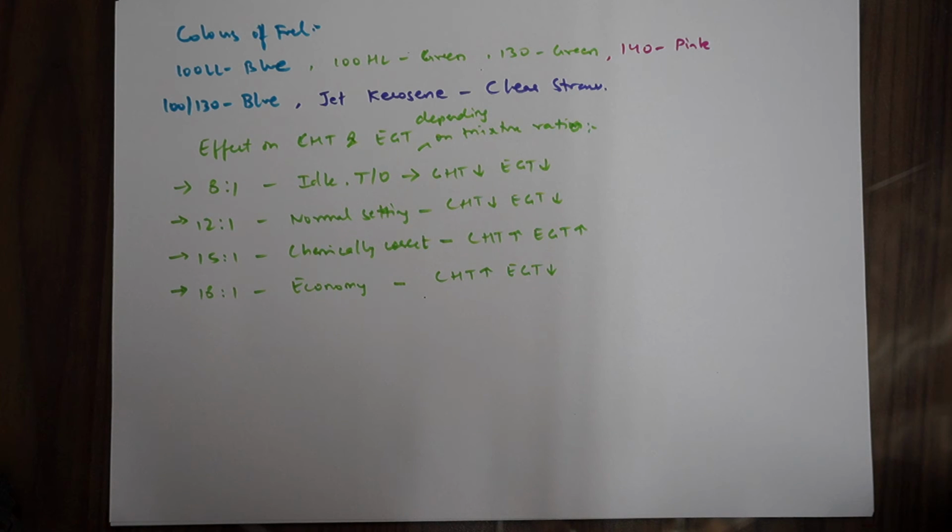So just to compensate for that, a richer mixture is used for a start as well. The two reasons are vaporization and the locking up of gases in the combustion chamber.